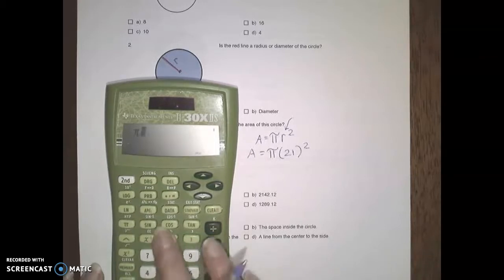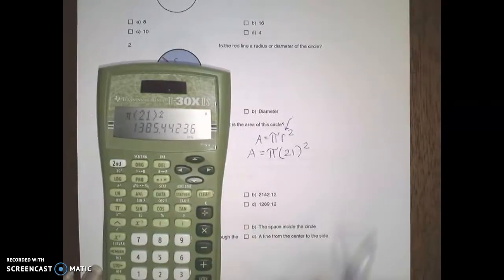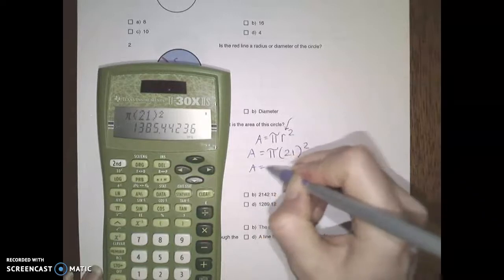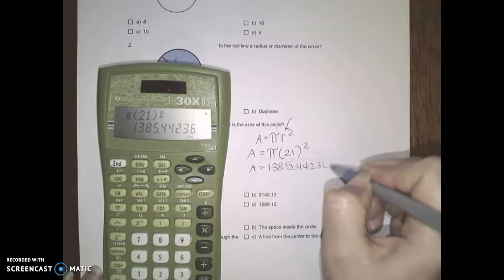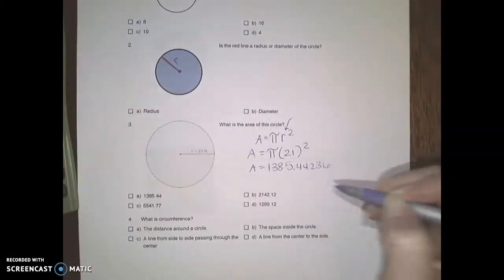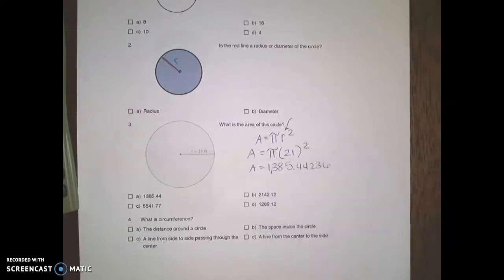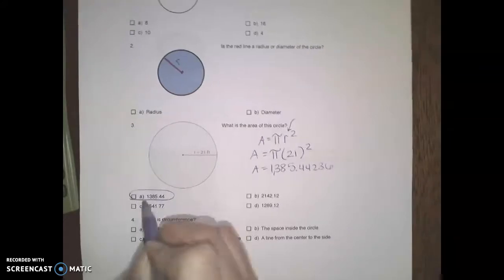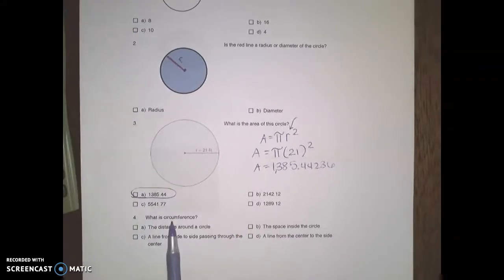Pi times parenthesis 21 squared. Remember, that's the x squared button right there. Taking a look, rounded to the nearest hundredth, we have 1,385.44.